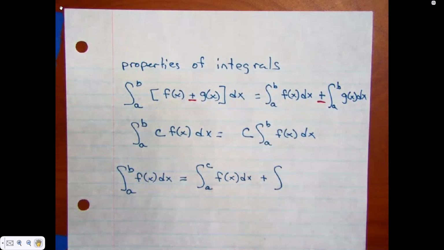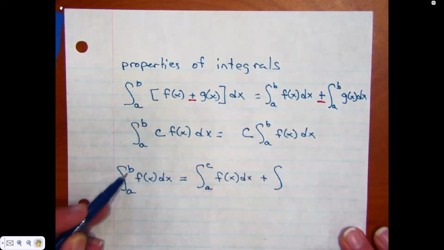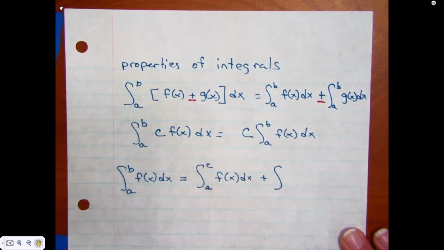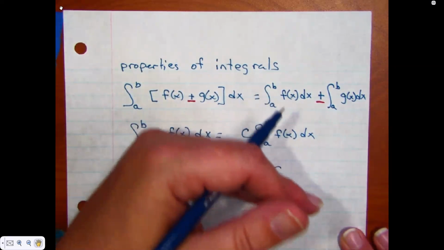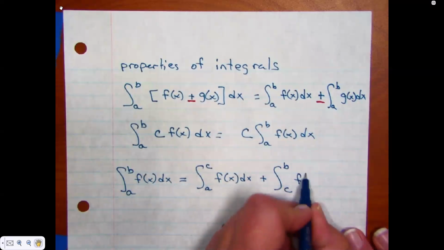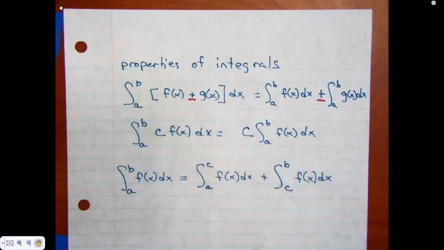Does anyone know where we would start? Instead of going from, let's say, 1 to 5, I'm going to go 1 to 3, and then I'm going to go 3 to 5. Does that make sense? So then I'm going to go c to b. Let's draw a little picture too of f of x dx. If you have to break it in parts for some reason, you can do that.